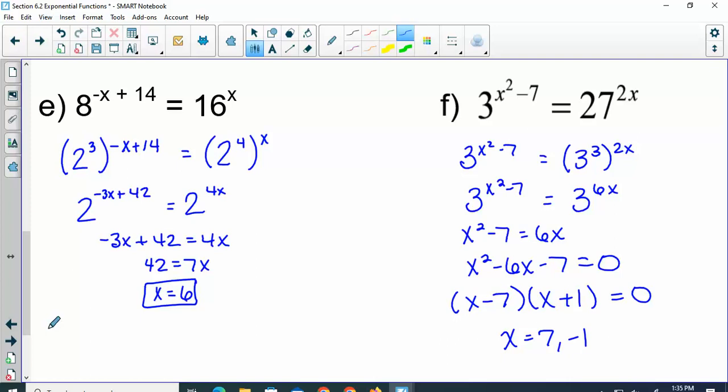If you type in 27 to the 2 times 7 power, you get the same huge number. Okay, you can do the negative 1. So, anytime in doubt, go ahead and plug them back in and check. It is possible to get multiple answers on these, like we did here.